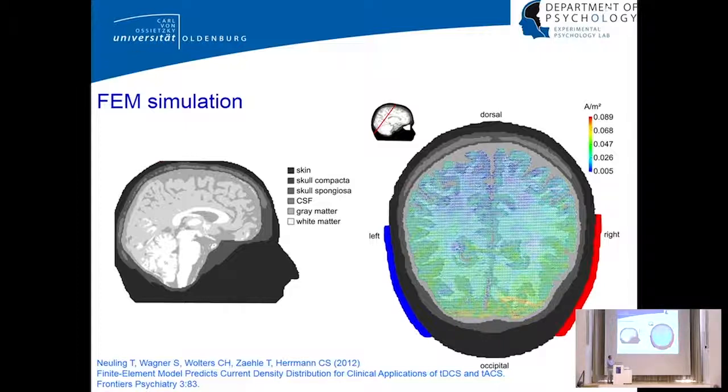So beneath and between the electrodes there is more current density than further away from the electrodes, and it's on the order of 0.1 amp per meter at the max. Remember that, because that will be important on one of the subsequent slides.